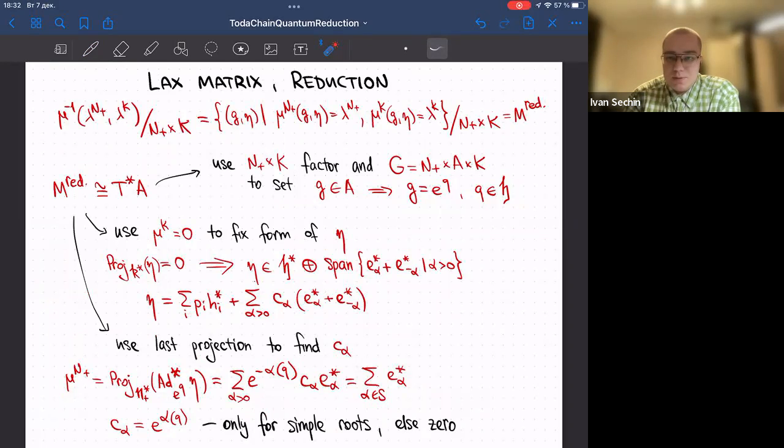Well, and how to describe this reduced phase space?